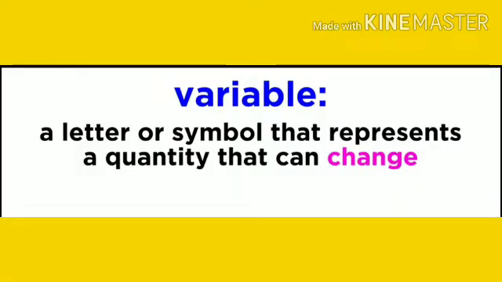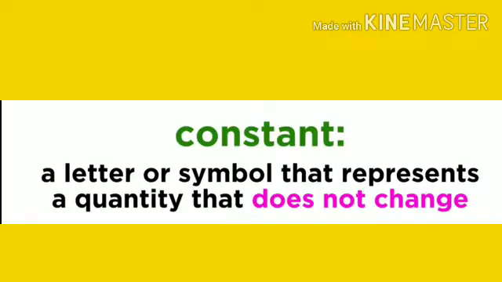What is a variable, children? A letter or symbol that represents a quantity that can change. That is called a variable. What do you know about constant? A letter or symbol that represents a quantity that does not change is called a constant.